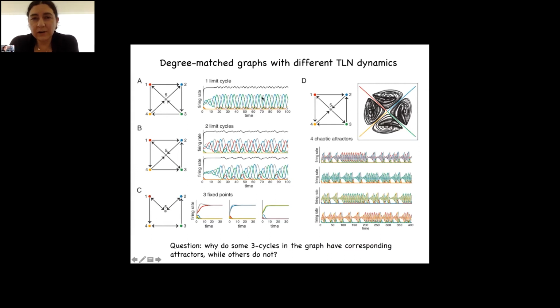In the top network, you have a single limit cycle, and it involves neurons 2, 3, and 5 firing in a cycle. In the second graph, you have 2 limit cycles, for neurons 2, 5, and 3, and also I think the other one is 1, 2, 5. At the bottom here, you have 3 stable fixed points as the attractors of that network.